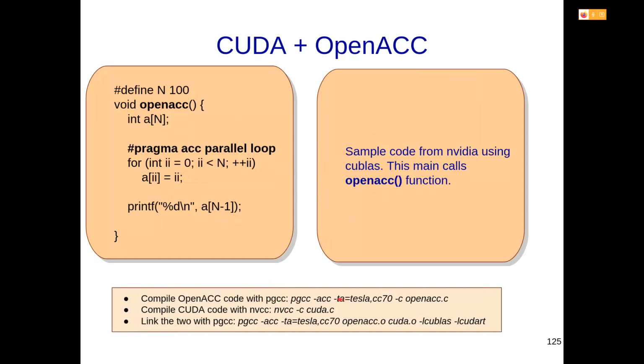In a similar manner, I compile it only to an object code by specifying the -c parameter. These two object codes, I can then combine again using PGCC. So openacc.o and cuda.o need to be combined into the final a.out. And I might have to specify -lcublas because I'm using that. And then the CUDA runtime library might also have to be added to make sure that this code compiles to a.out.